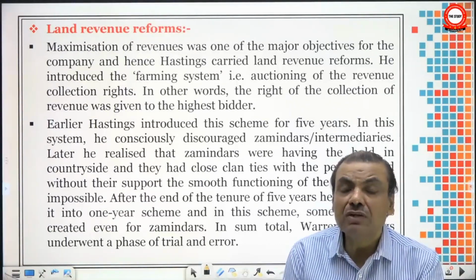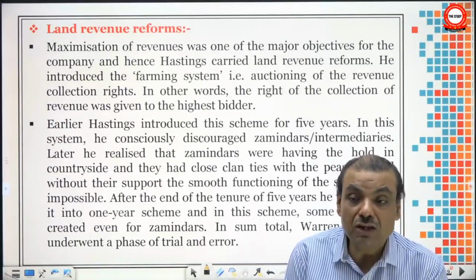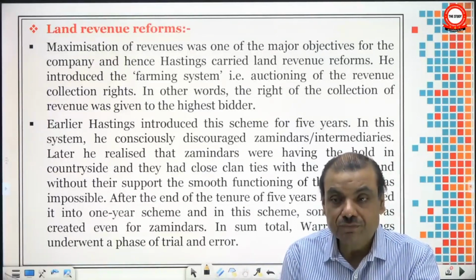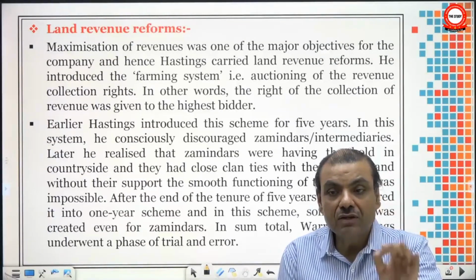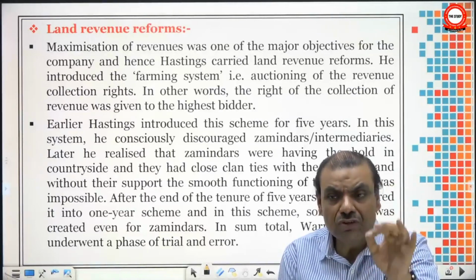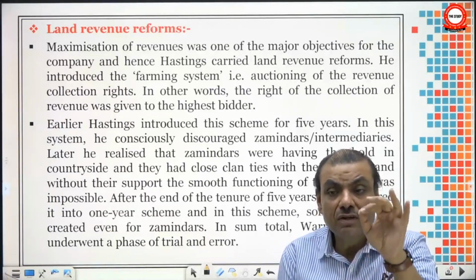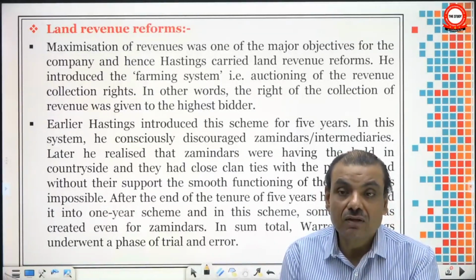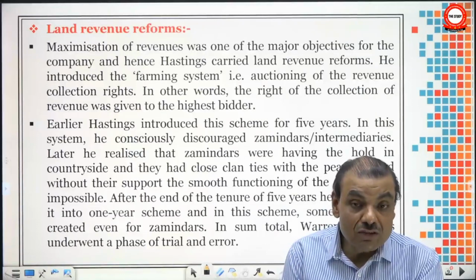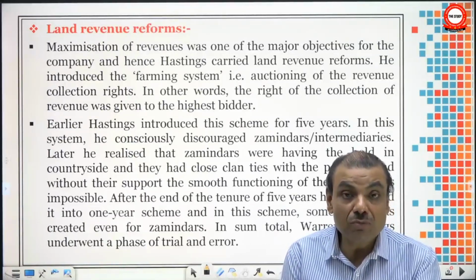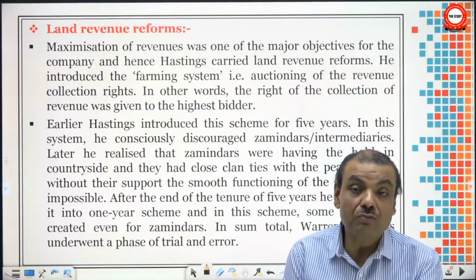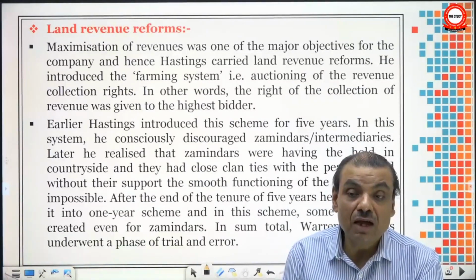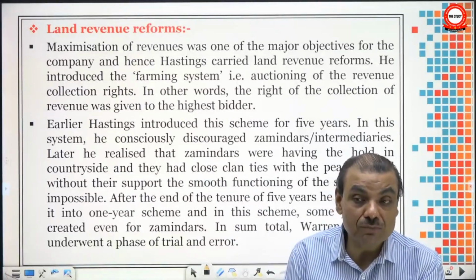It was a system of auctioning, meaning whoever makes the highest bid. The highest bidder was given the right to collect revenue. Obviously it increased the income of the state, but at the cost of the peasants. Warren Hastings willingly chose this system, and it came to be known as the farming system.